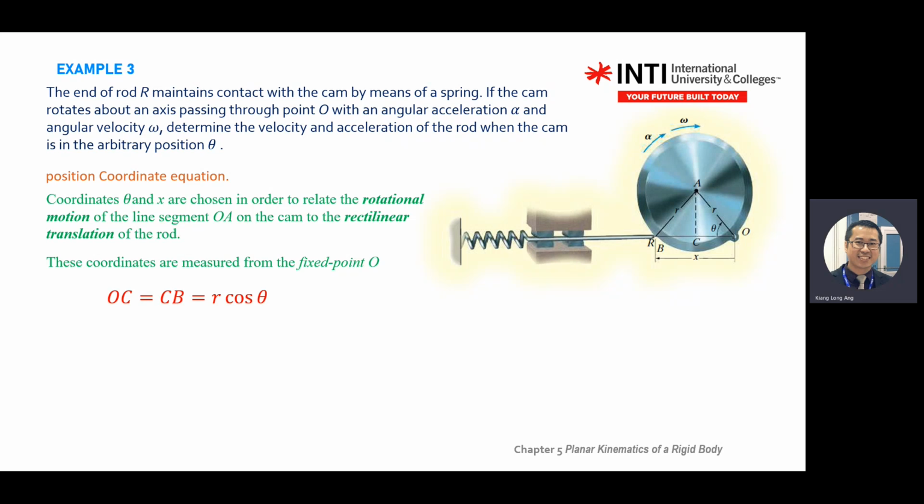I asked you to link with R and theta. So X equals R cos theta? How come your X is R cos theta?